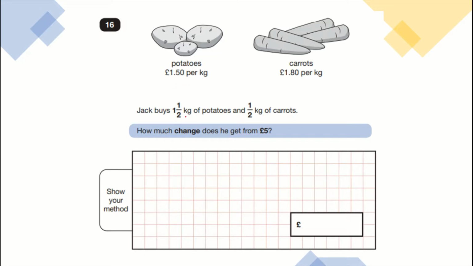To work out half a kilogram, we need to divide it by 2. £1.50 divided by 2. 2 into 1 goes 0 times. Put in our decimal place, carry over the 1. 2 into 15 goes 7 times, with a remainder of 1. 2 into 10 goes 5 times. That means that half a kilogram equals 75p.